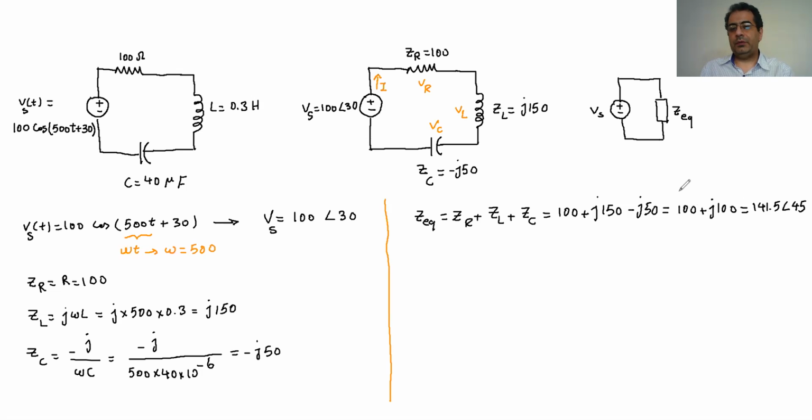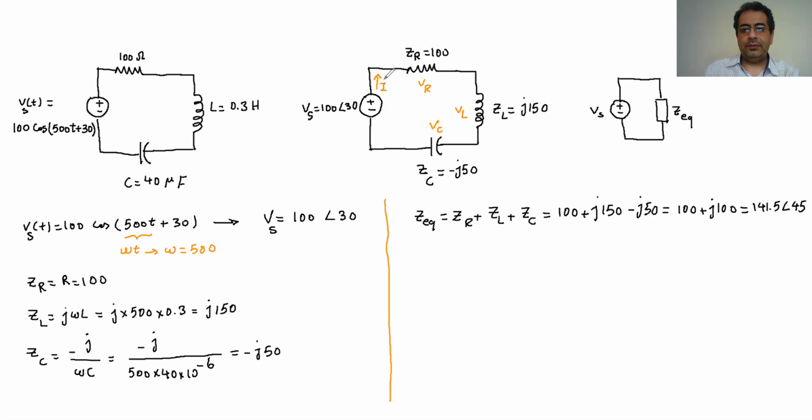Almost all engineering calculators do that, so you can enter this and get that, or enter that and get this. Make sure you know how to do that, so you don't spend any time converting these.